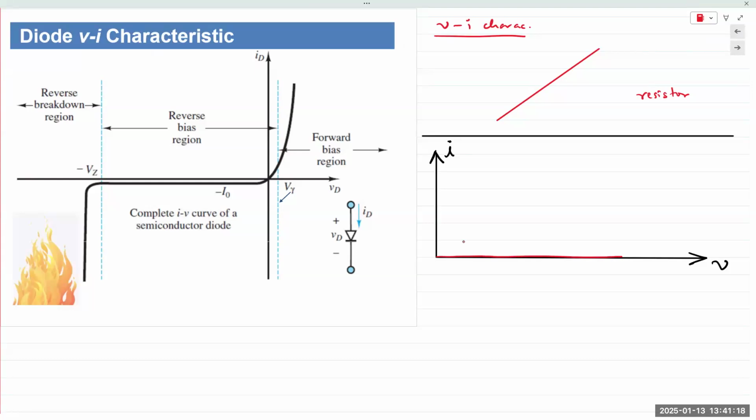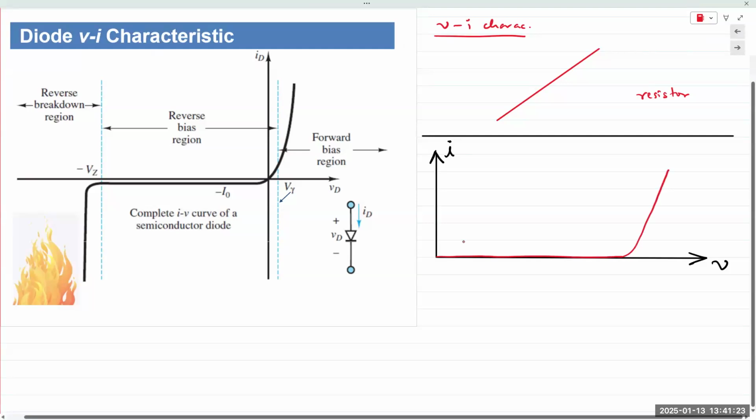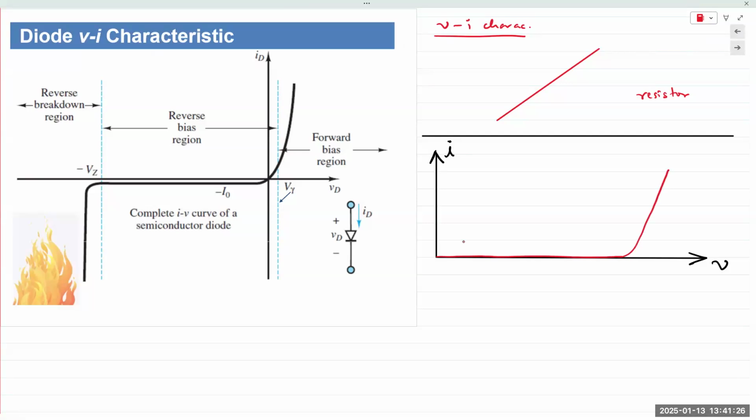And then after that, it's going to increase. This value right here, and this is exaggerated, of course. The slope is also exaggerated just to show you the effects. This is known as the diode voltage that is required to turn it on. And for silicon, it is between 0.6 and 0.7 volts. For germanium, it is 0.2 to 0.3 volts.